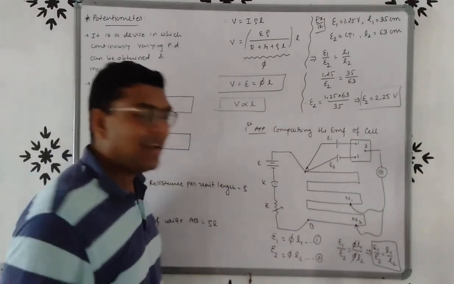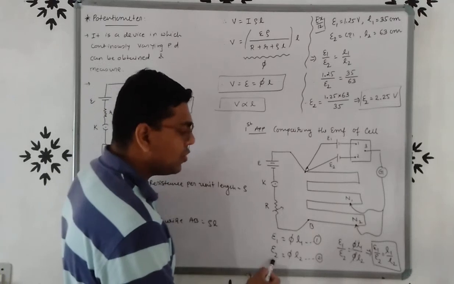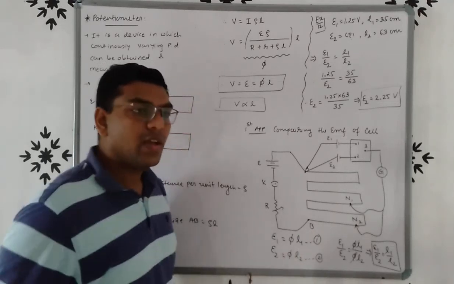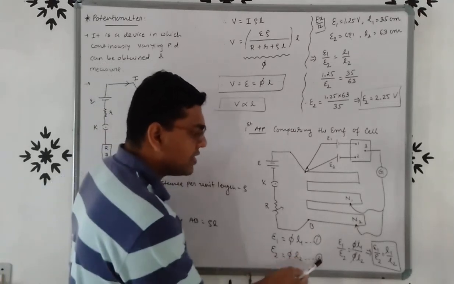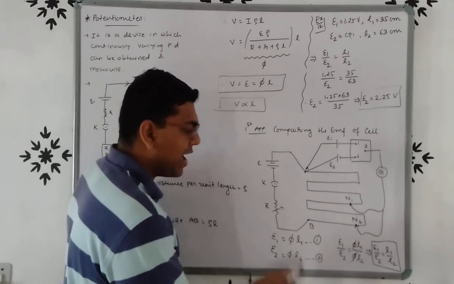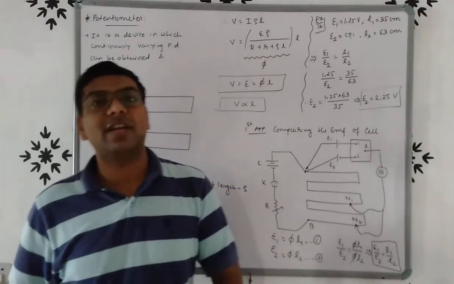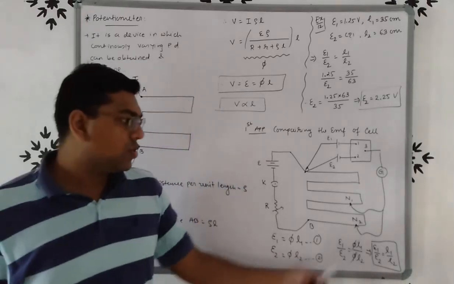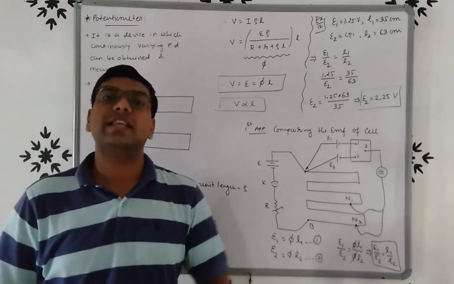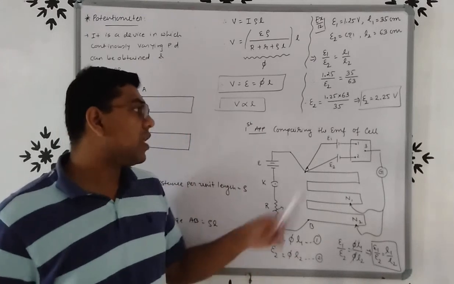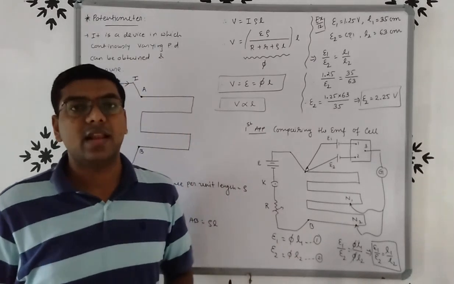At this point the length is L2, so E2 is equal to phi L2. Now we take the ratio of equations 1 and 2. So phi cancels, and we get E1 upon E2 is equal to L1 upon L2. By using this formula, we can easily compare the EMF of cells.